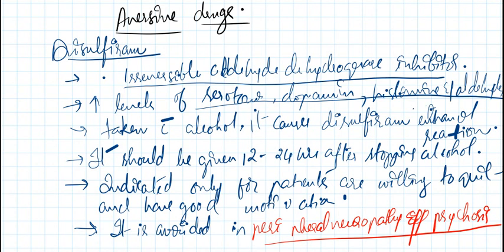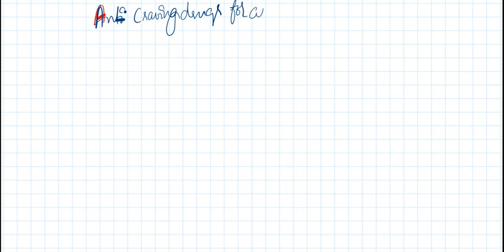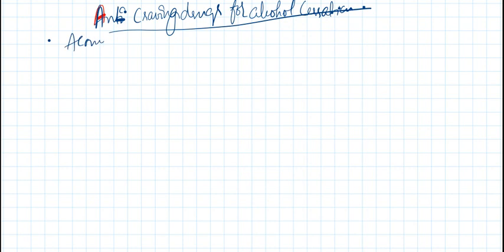Now what about anti-craving drugs for alcohol cessation? The first drug that you see is acamprosate. Second one is naltrexone.